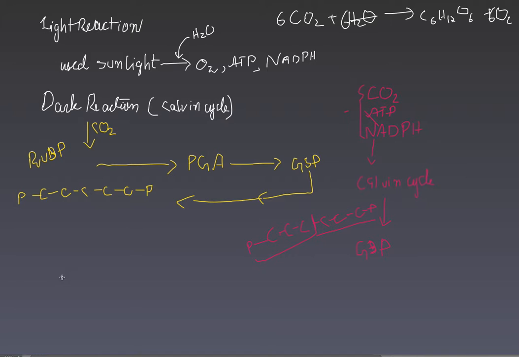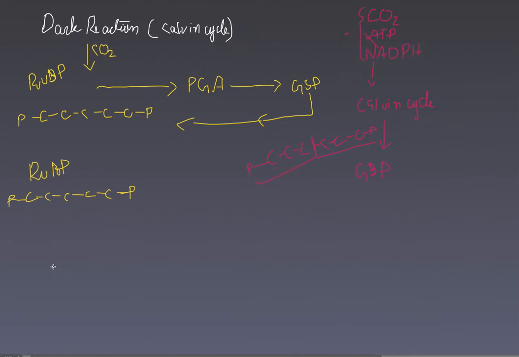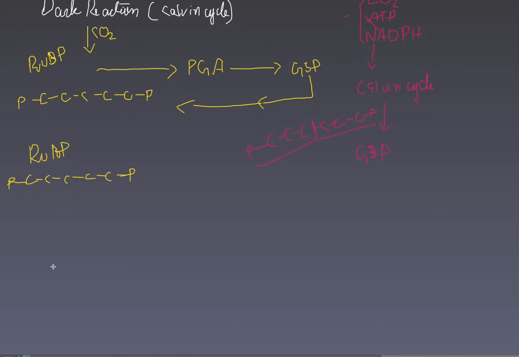So you might be thinking, okay, how does this process occur? What happens is that at the first stage, you start off with RuBP, or the 5 carbon chain molecule, right here, and you have carbon dioxide with it. These two molecules join together with the help of enzymes.